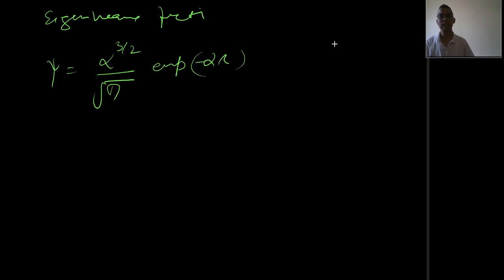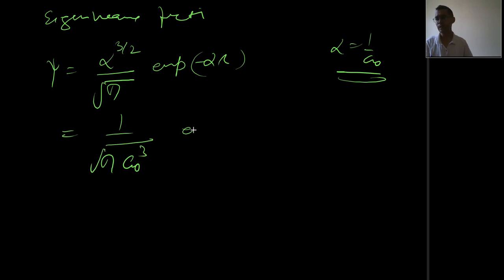The eigen wave function we can write as psi equal to (α³/π)^(1/2) times exponential of minus αr. And if I put the value of alpha equal to 1/a₀ here, then it is 1/√(πa₀³) times exponential of minus r/a₀.